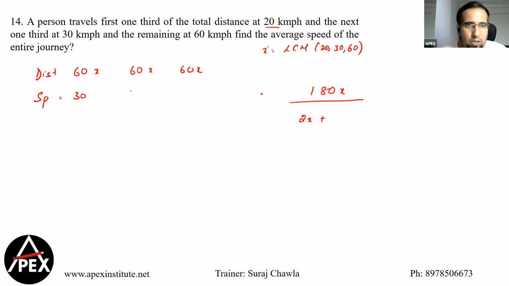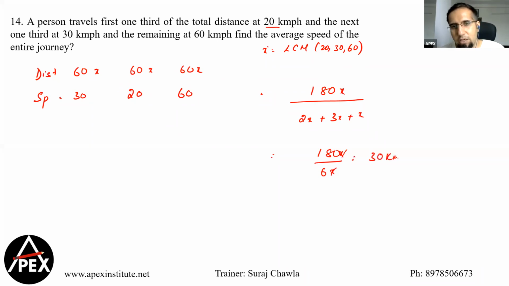For 60x kilometers at 20 kilometers an hour, that's going to be 3x. And for 60x kilometers at 60 kilometers an hour, that's going to be x. So your answer becomes 180x by 6x, or 30 kmph.